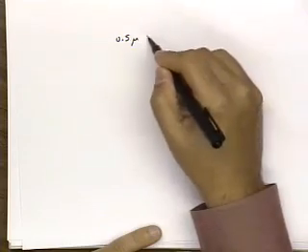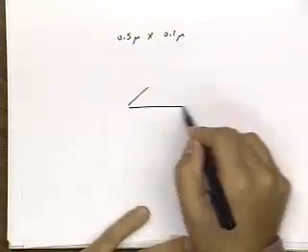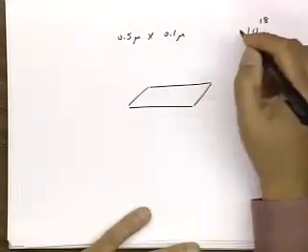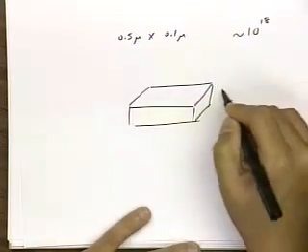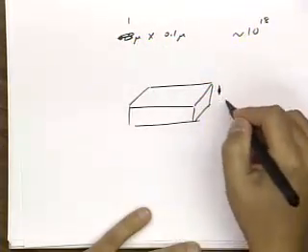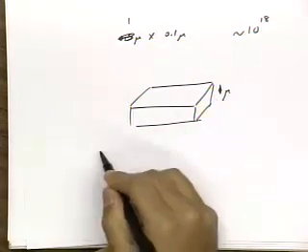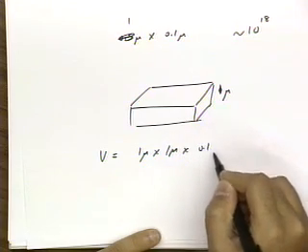Let's say I have a tiny transistor, with dimensions of half a micron by, let's say, 0.1 micron, and let's say I want to dope this at 10 to the 18. I'm going to round off here, so let's use 1 micron, and here let's use 1 micron. So what's the volume of this guy? The volume is 1 micron times 1 micron times 0.1 micron.